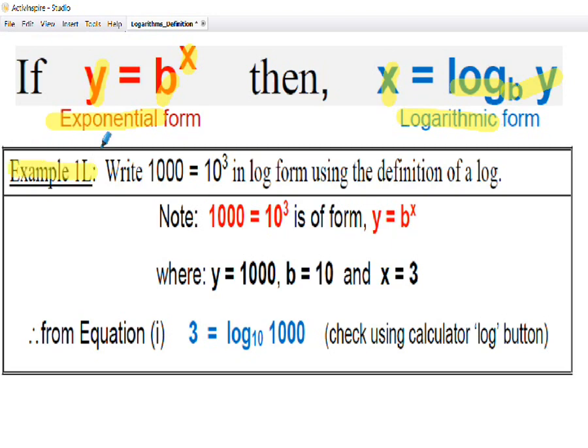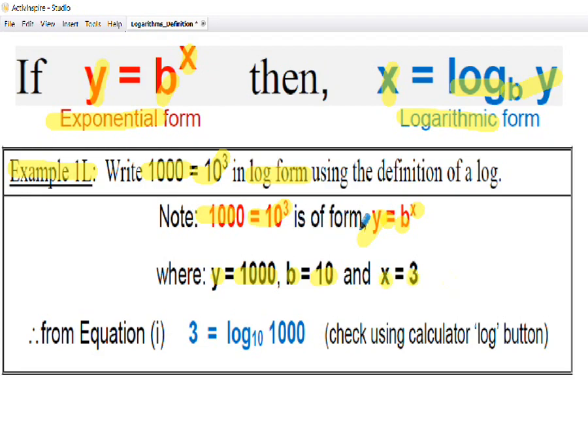Example 1L. We're given an expression of 1000 is equal to 10 to the power of 3. That's in exponential form. We're asked to write that in logarithmic form from the definition. So 1000 equals 10 to the power of 3. That's of the form y is equal to b to the power of x. So in this case my y is equal to 1000, my b, my base, is equal to 10, and my x, my logarithm, is equal to 3.